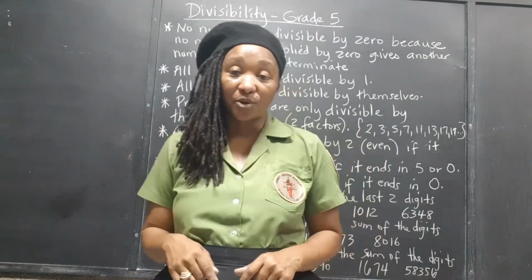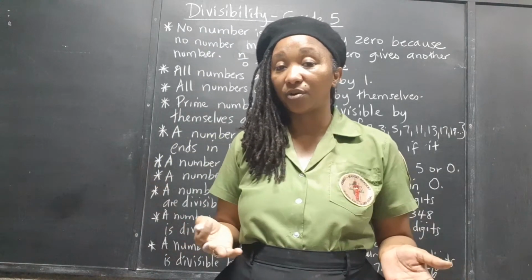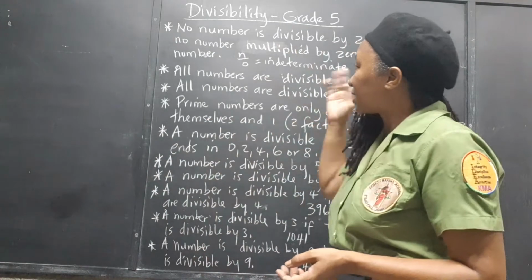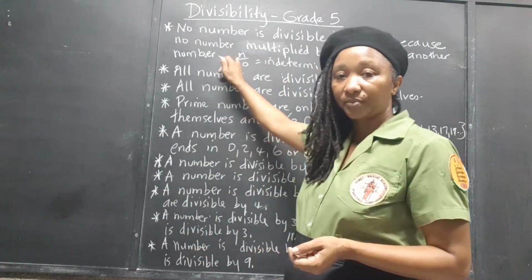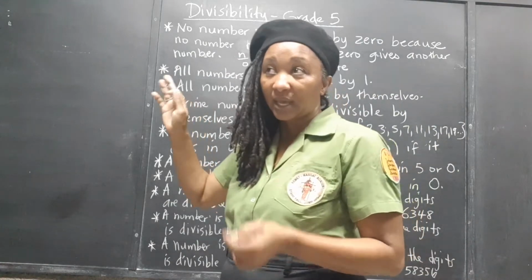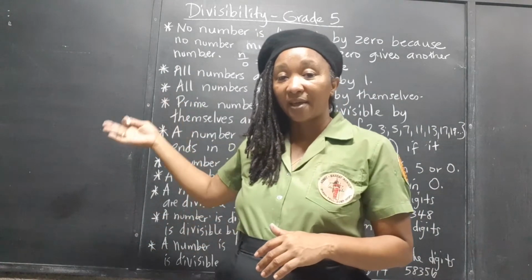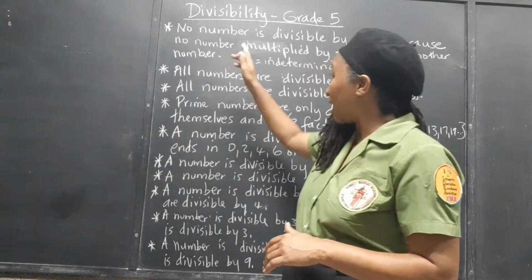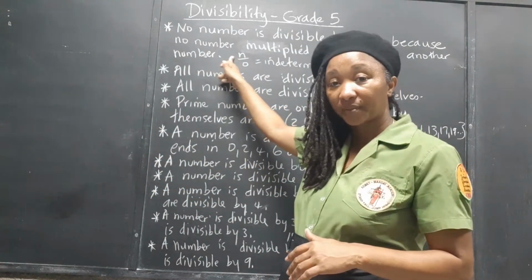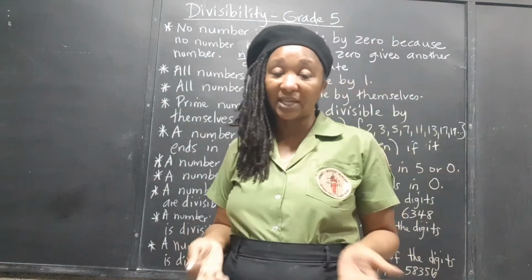We use multiplication to prove division. With the 0, remember 0 times anything is 0. So if we were to divide by 0 and get an answer, it follows logically that we should be able to multiply that answer by 0 to get back the original number. But when we multiply something by 0, we always get 0.